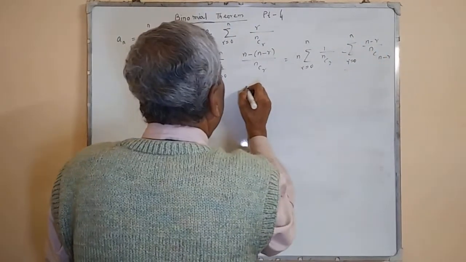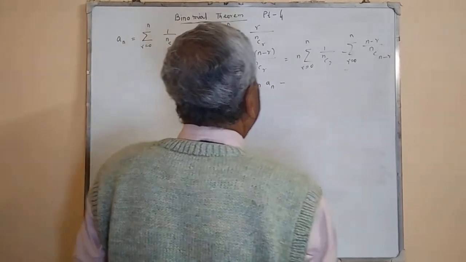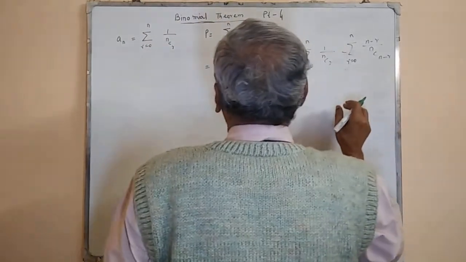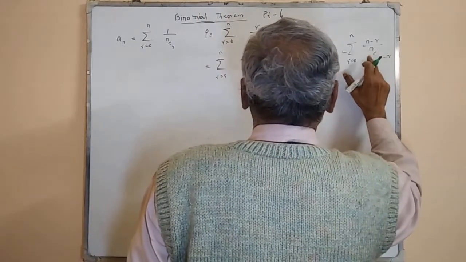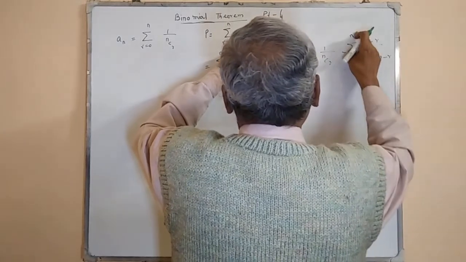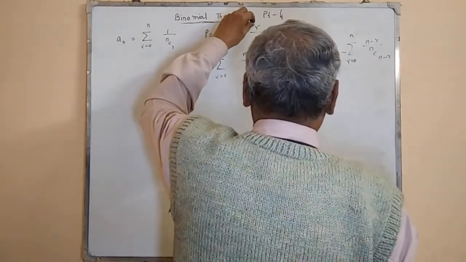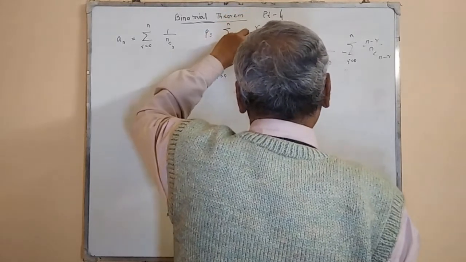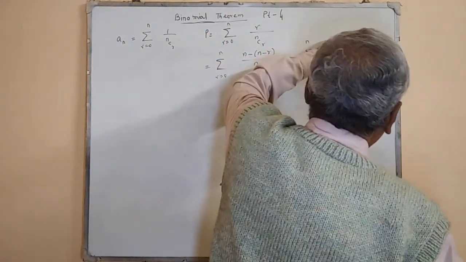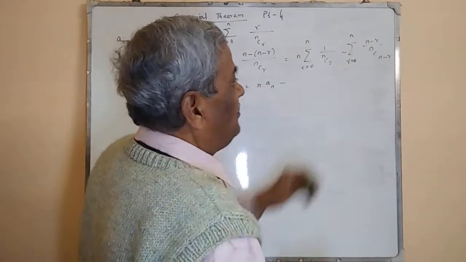So that it is equal to n into An minus. Now look, this quantity and that quantity are the same. There are n plus 1 terms, here also n plus 1 terms. The numerator is r by nCr, (n minus r) by nCr. So they are equal.